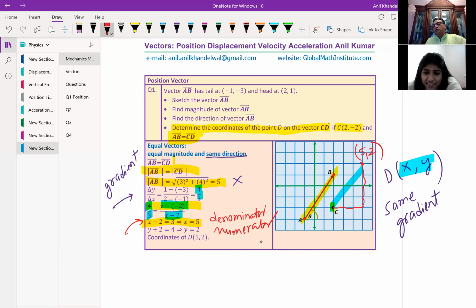No calculations required. So if you are given a graph paper or you just plot a small sketch as it is, you know clearly that the vector you're looking for will be CD, where point D will be (5, 2). Do you see that? That's the beauty of vectors. And most of the questions in vectors will be done like this. No calculations required.